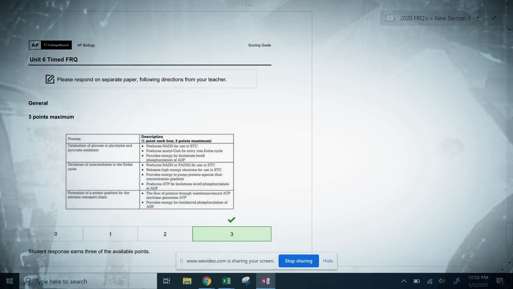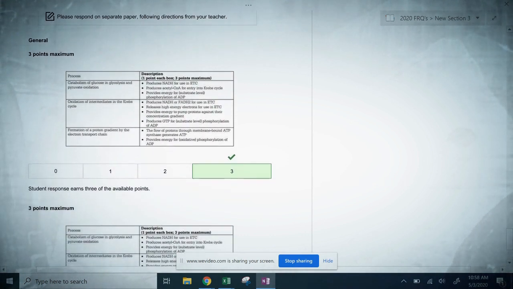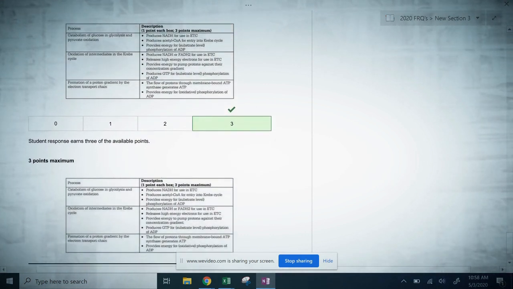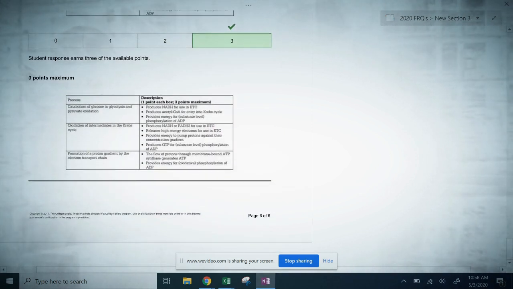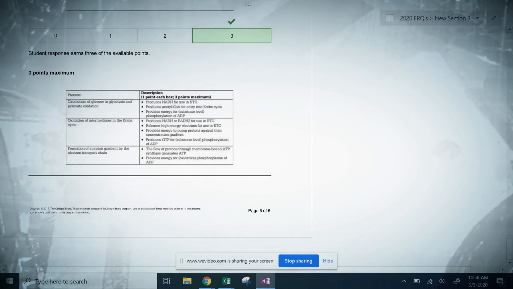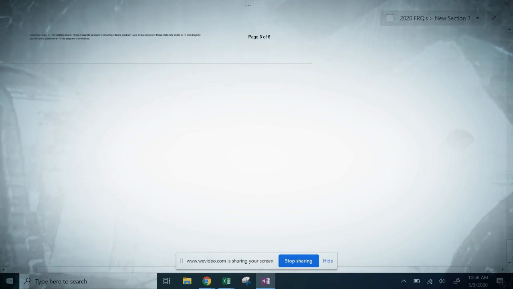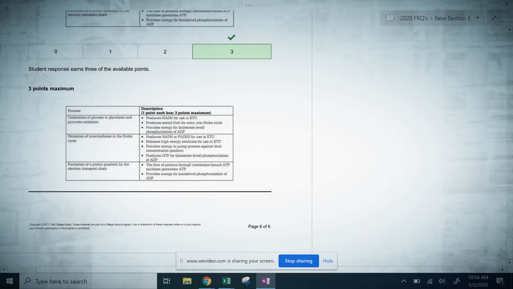That was 3 points. Here's the same rubric. And that's it. I guess I'll sit right there for a little bit.